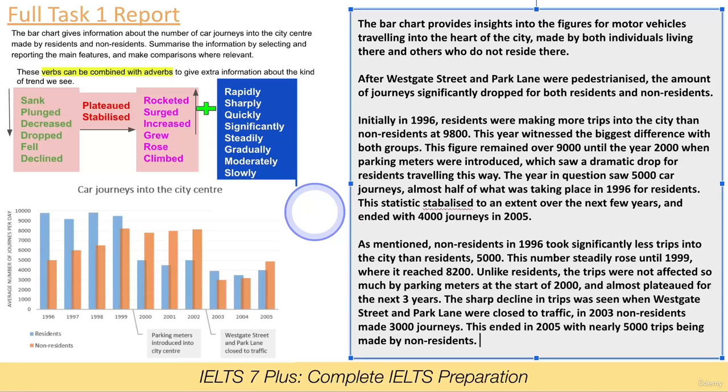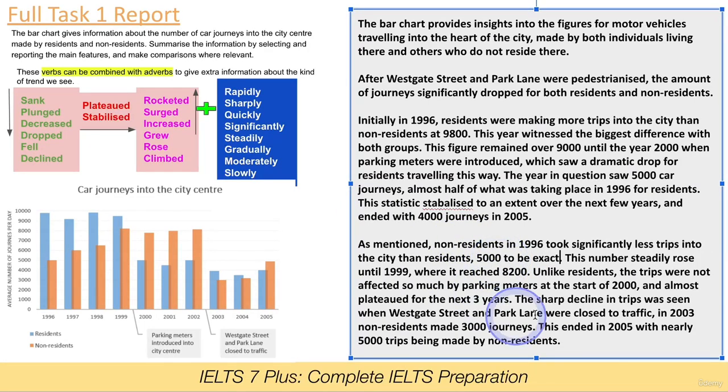As mentioned, non-residents in 1996 took significantly less trips into the city than residents. 5,000 to be exact. We can say that to be exact. This number steadily rose until 1999, where it reached 8,200.